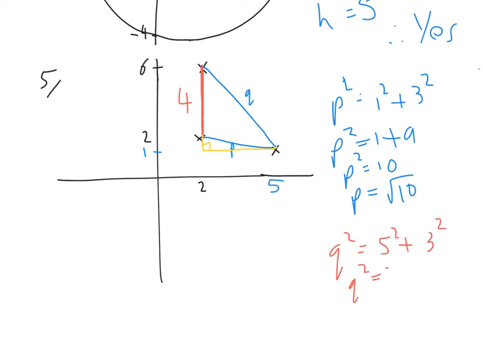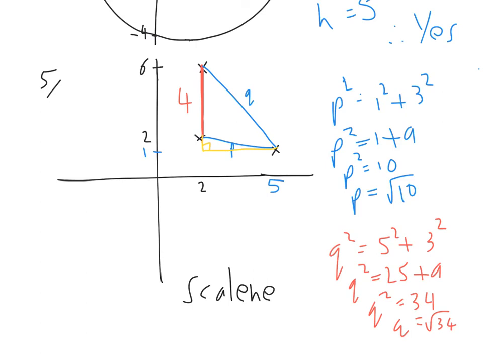So we get q squared is 25 plus 9, q squared is 34, and q is the root of 34. Now we know all three sides. This one root 10, this one root 34, and this one's 4. They're all different lengths, so that means it's a scalene triangle.